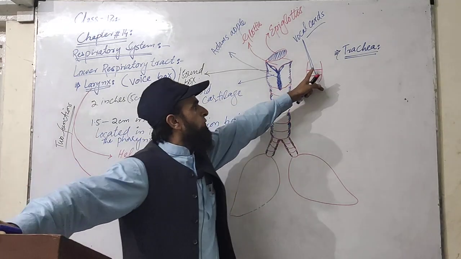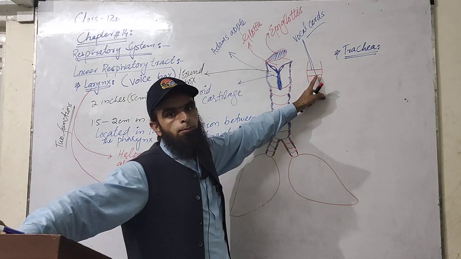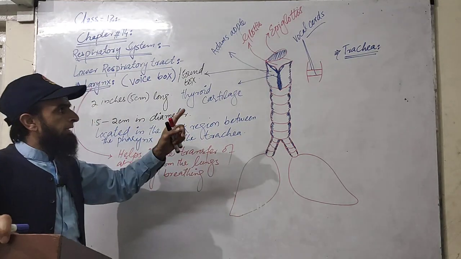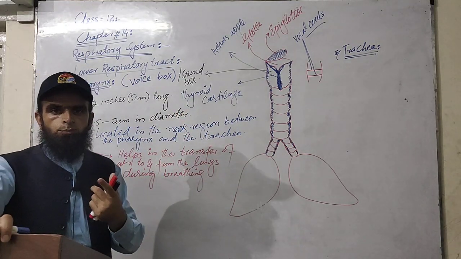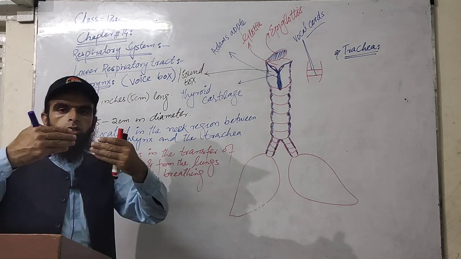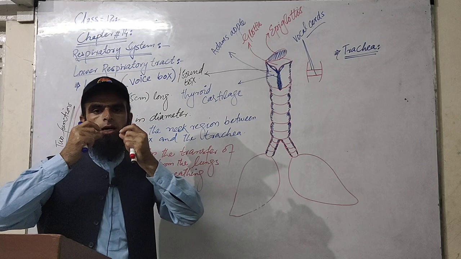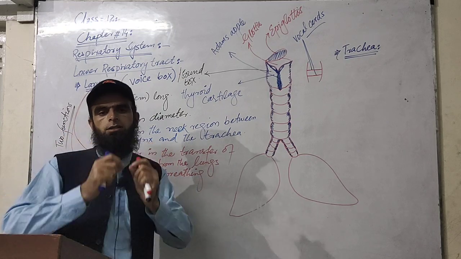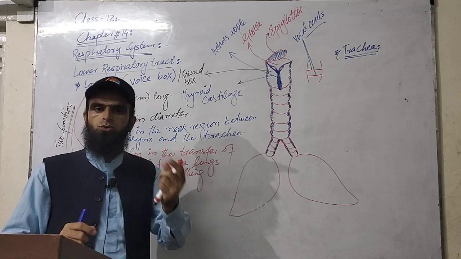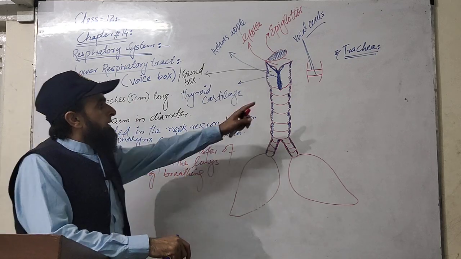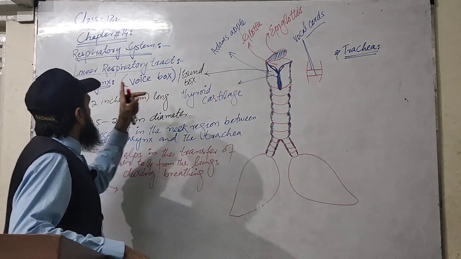So when these vocal cords are vibrated by the air pumped by the lungs, a sound is produced. That sound comes out, and with the help of lips, cheeks and tongue, we convert that simple sound into words. So this is the second function performed by the larynx.